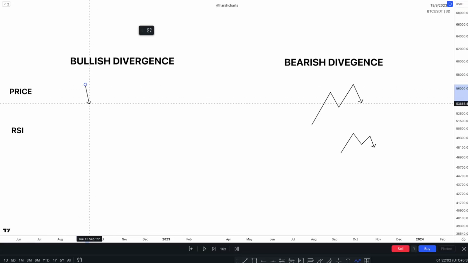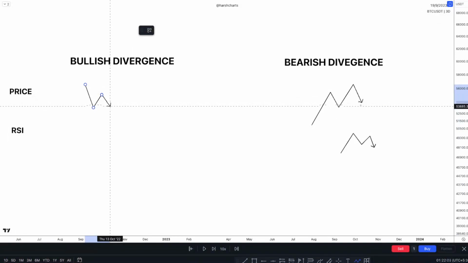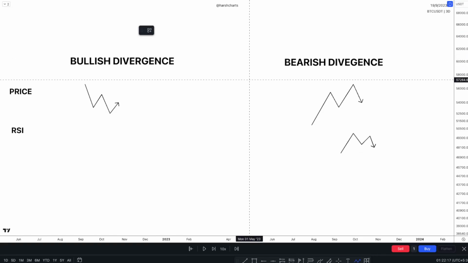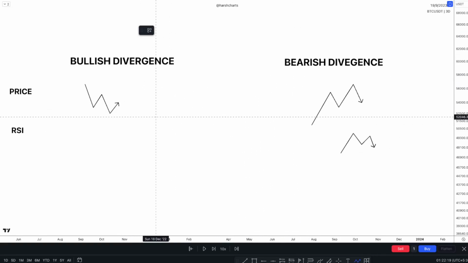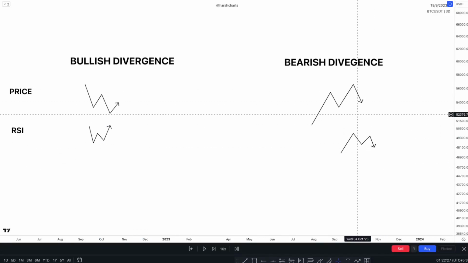Let's say the price is going lower, making a lower low and lower high, because when you're in a downtrend you will see some longs, and when you're in an uptrend you will see some shorts when you are trading divergence. And the RSI is just the opposite. Just reverse the chart and you will see the same thing.